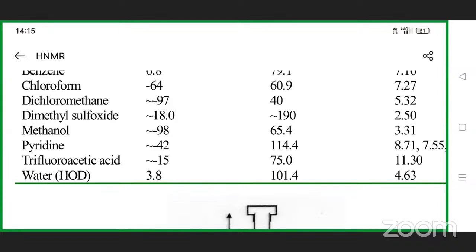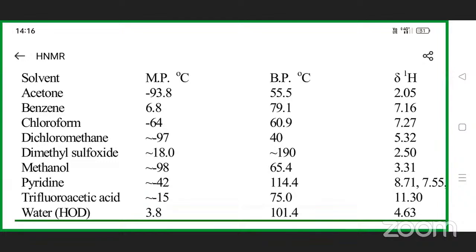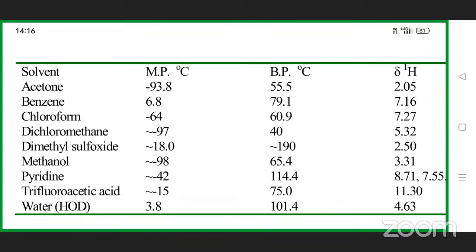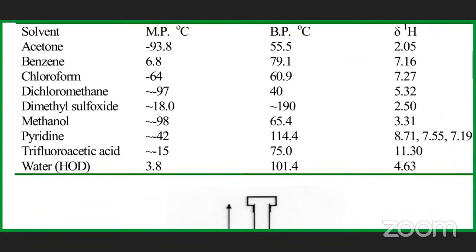And when this ethyl alcohol is dissolved in chloroform, for example, or in benzene, at around 7.16 you will get a multiplet signal there.